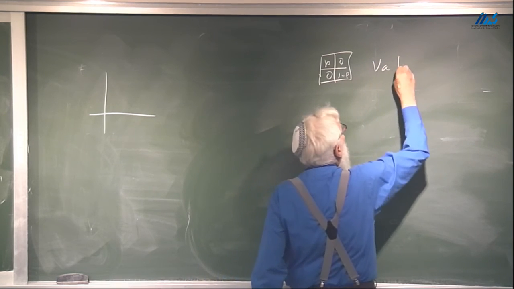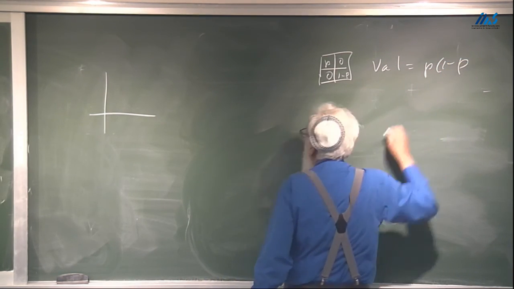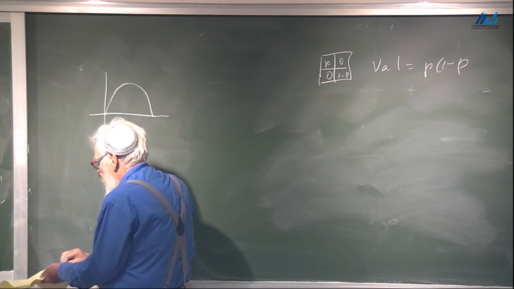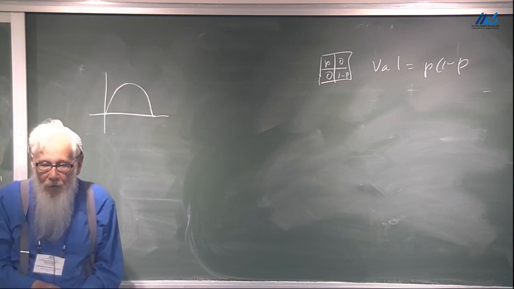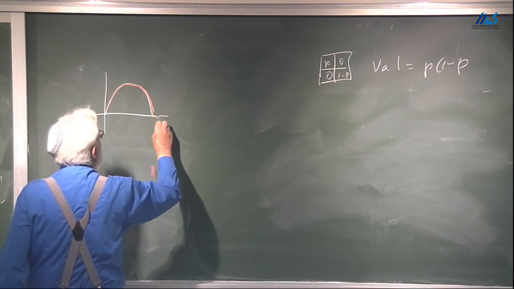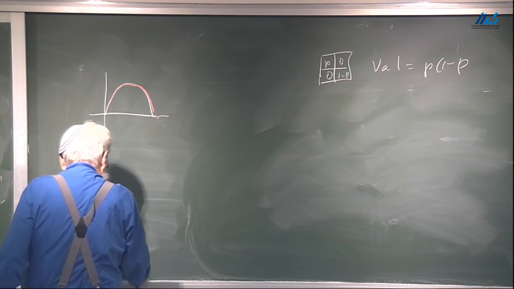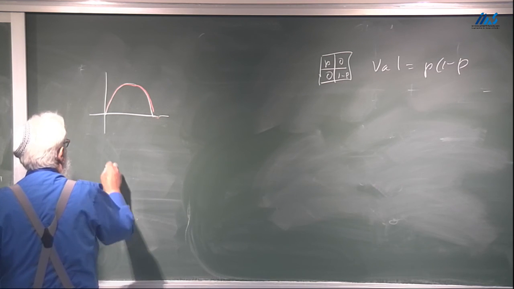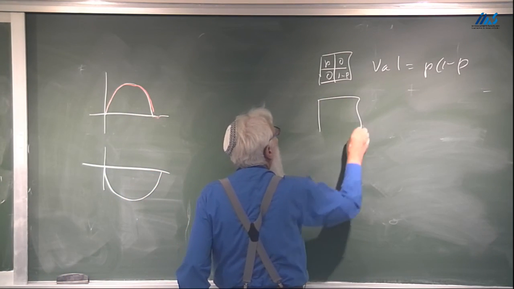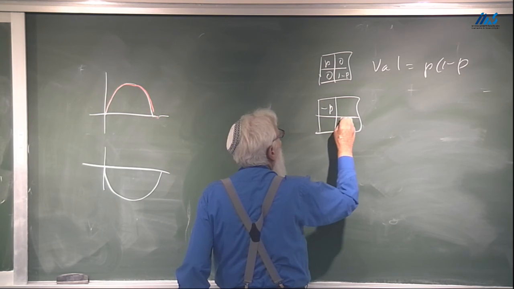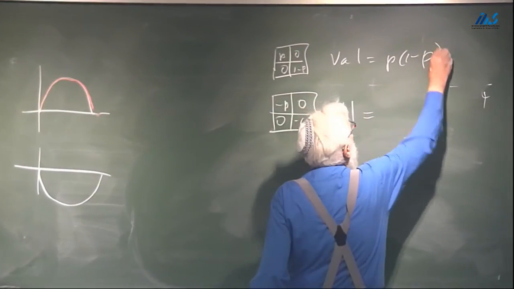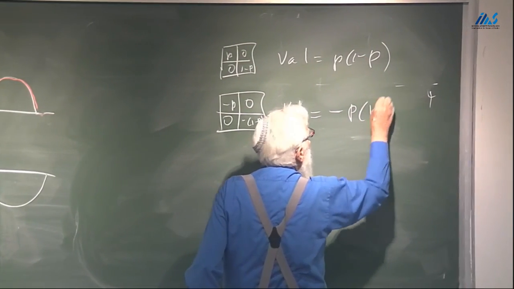So val is P times 1 minus P, which is this parabola. And the concavification is the same as it. That is example 1. The second example, the parabola goes this way: minus P, minus 1 minus P, 0, 0. Val equals minus P times 1 minus P.